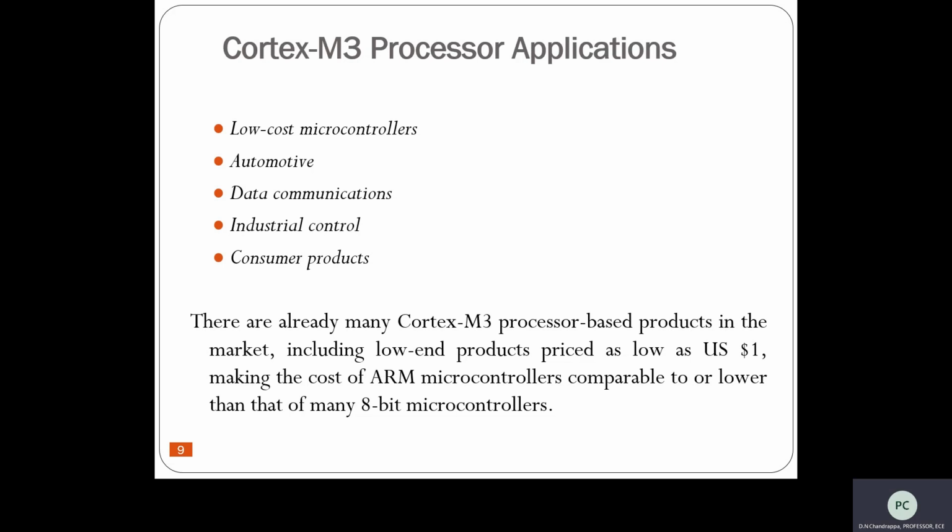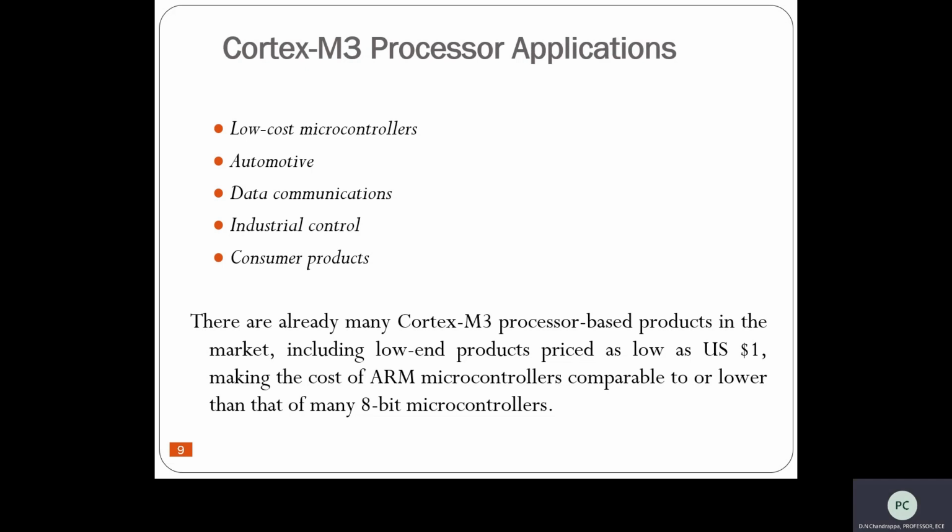The advantage of this Cortex is that it enables embedded developers to migrate to 32-bit systems and develop products with ARM architectures. So it means that it supports lower end applications from toys to electrical appliances. That is what is called low cost microcontroller.